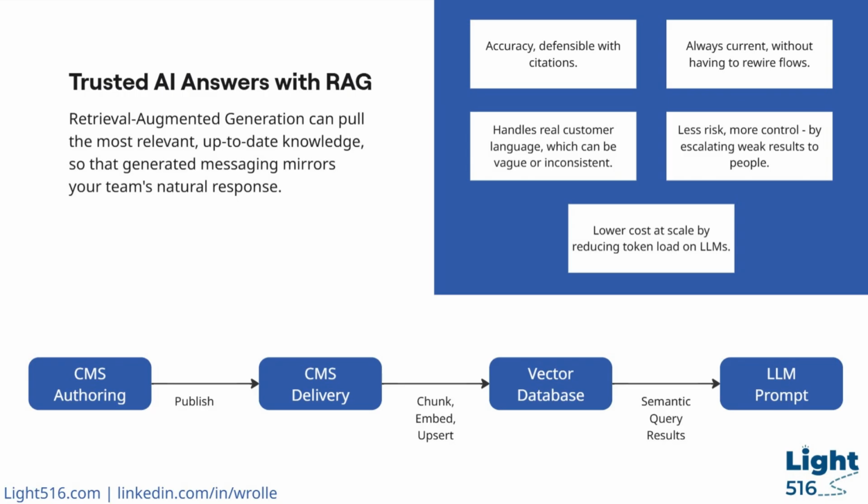So as there are changes to the CMS and those are published, then that can be added to the Pinecone index, and you can still keep using the same type of semantic queries. So this is going to be much more reliable and less likely to break any integrations.